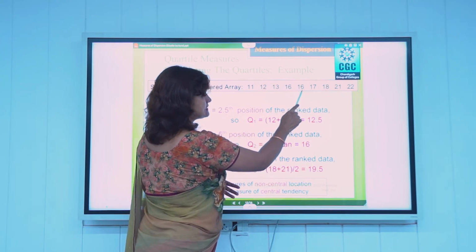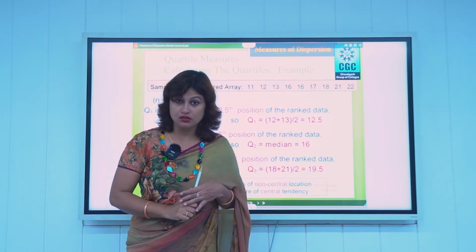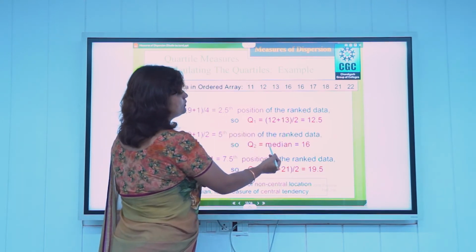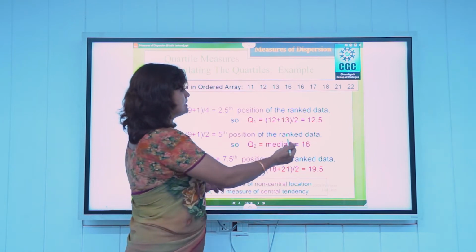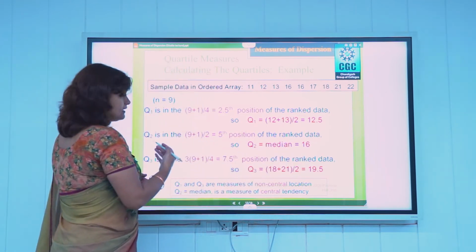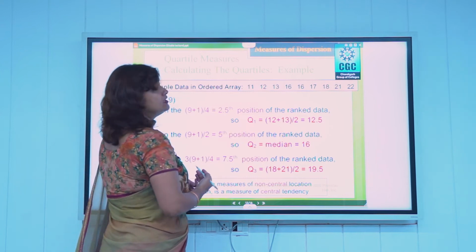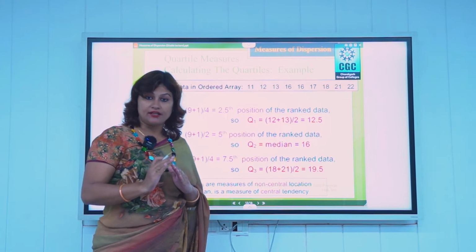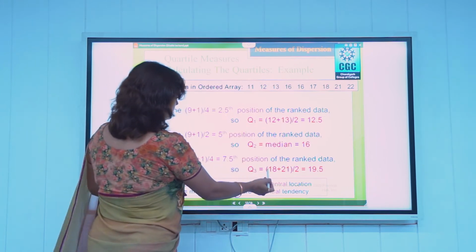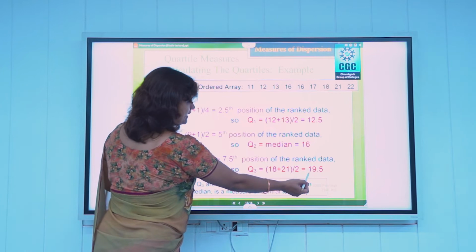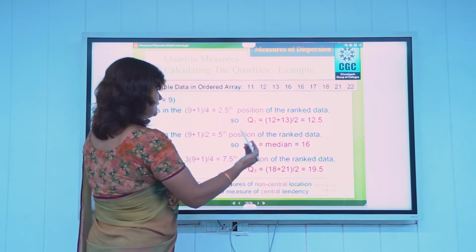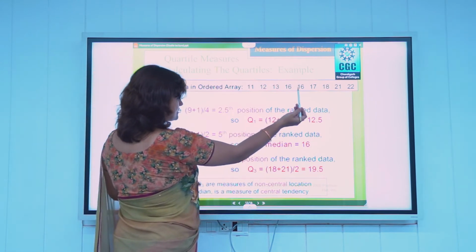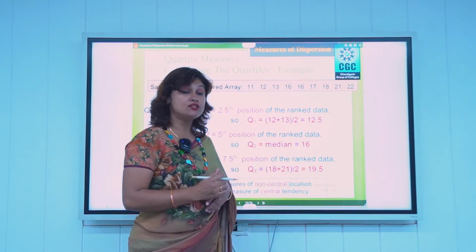So 16 is at the 5th position of this data. So Q2, the so-called median, is equal to 16. Then comes Q3, the third quartile, for which the formula is 3 times n plus 1 divided by 4. So this time it comes out to be the 7.5th position, and looking at the 7.5th position, that is 19.5.